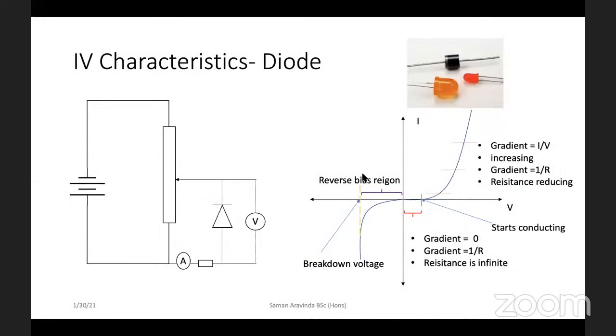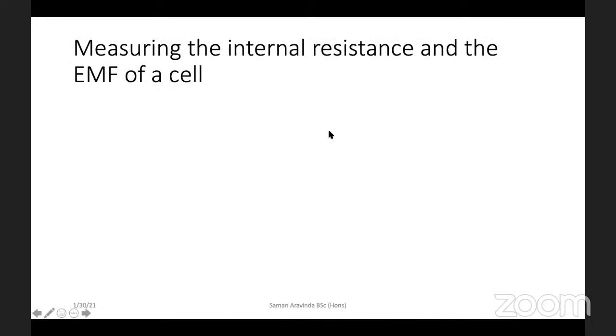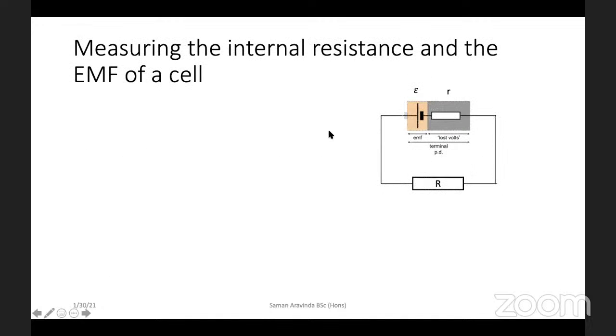Right. So we are moving on to the last parts of the section. We are going to investigate the internal resistance and the EMF of a cell. Now, a battery does not always provide us the marked potential difference. It shows something lower than that.